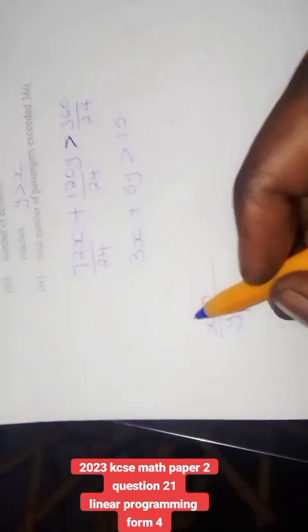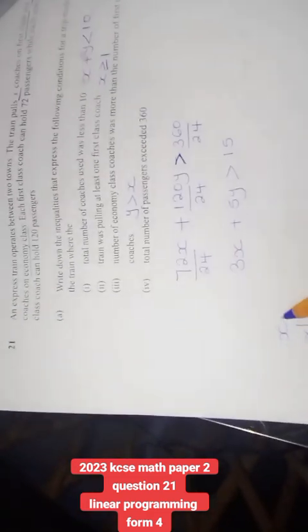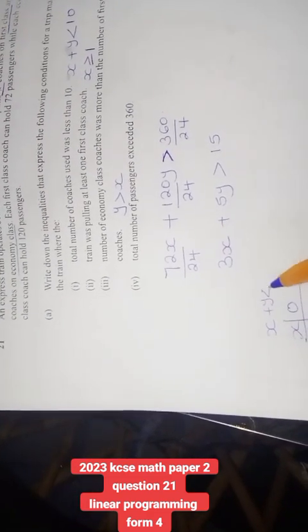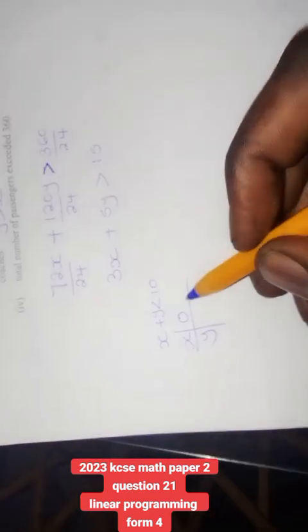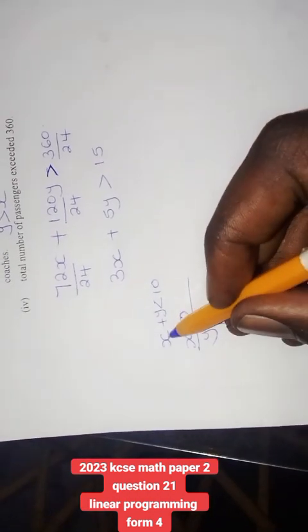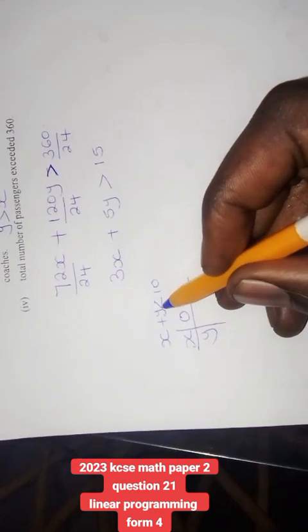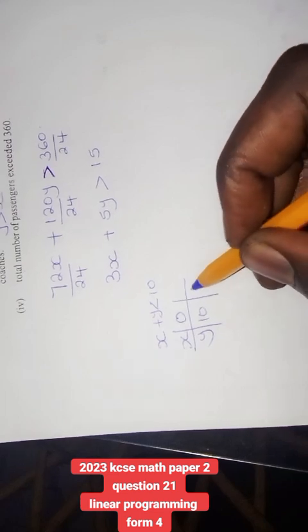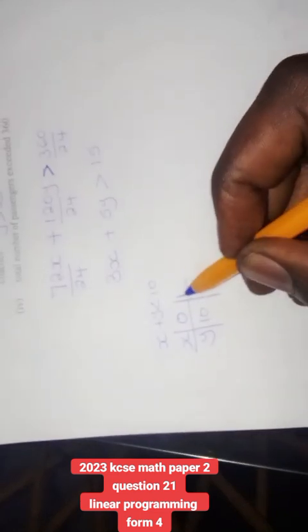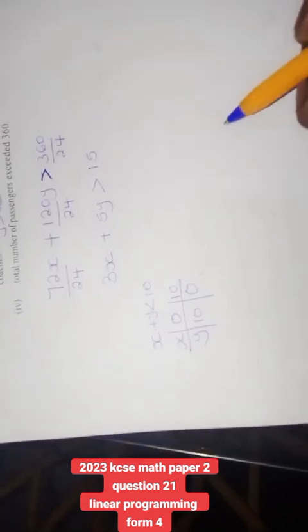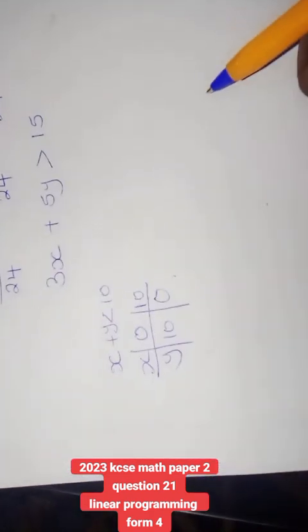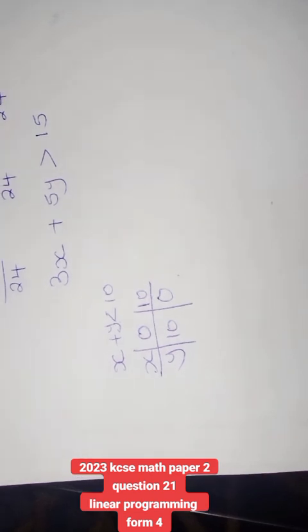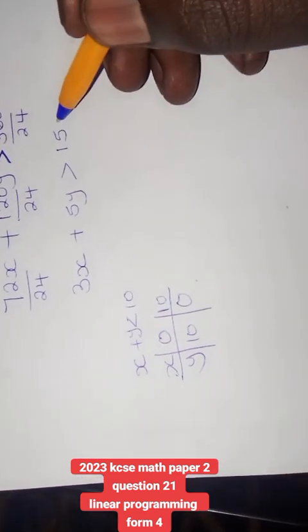If I substitute 0 here, Y becomes 10. And if I substitute 0 in Y, X becomes 10. Just 2 points are enough, or you can use a third point to confirm your answer is correct.